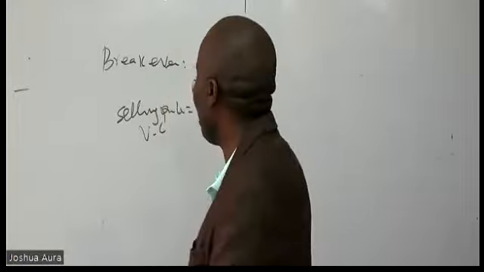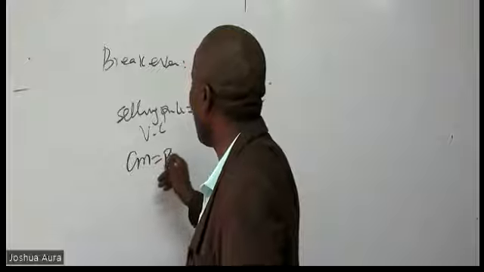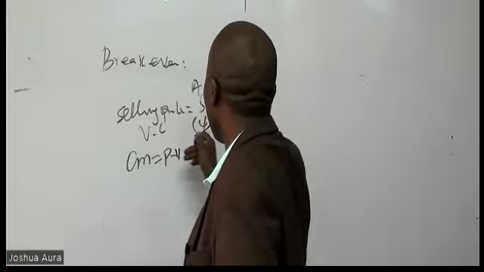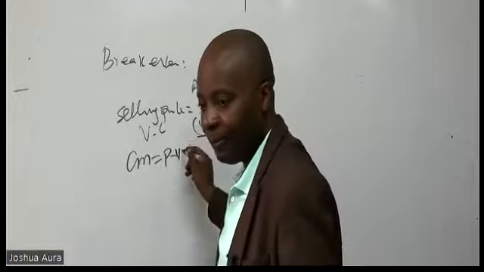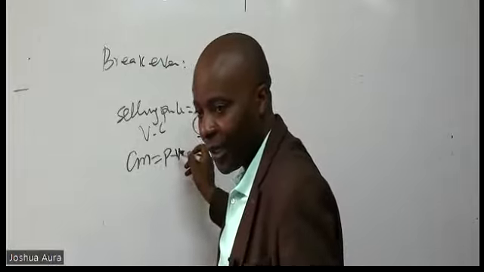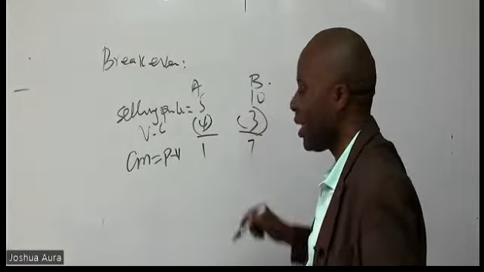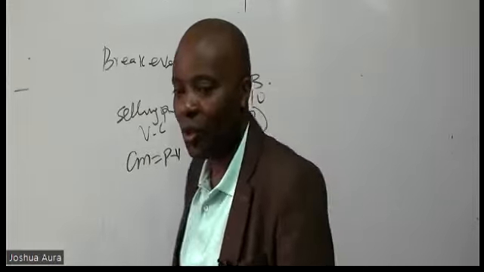Contribution margin, thank you very much, which is price minus variable cost. So 5 minus 4 is 1, and 10 minus 3 gives me 7. Great, so 1 and 7.